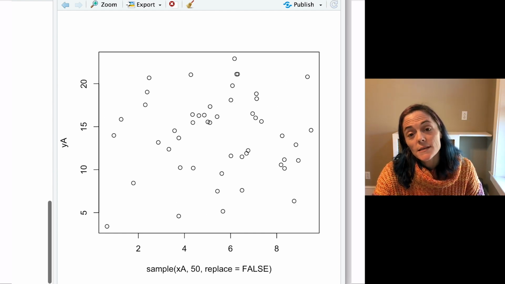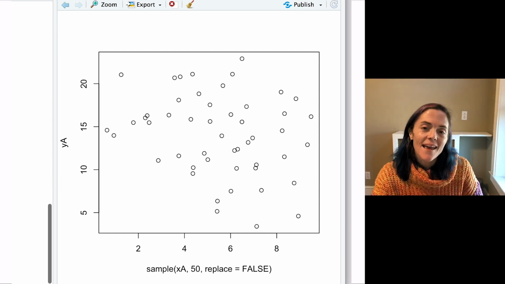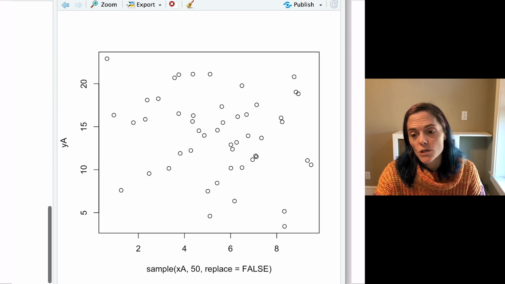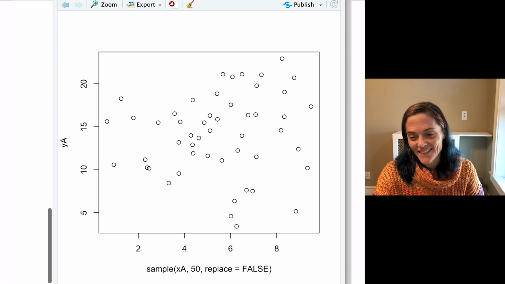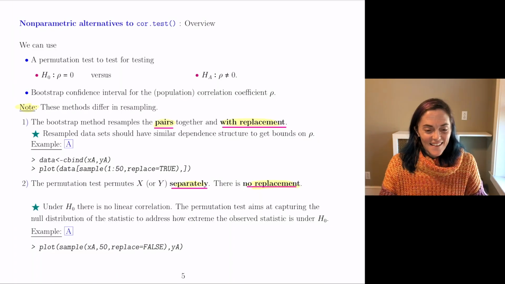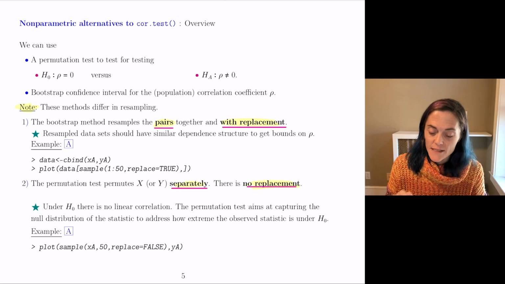We would do this maybe 2,000 times, and for each time we would calculate a correlation coefficient and use this to get a null distribution of the statistic. Okay, well, we saw that several times as well. That was a fun illustration of the differences.